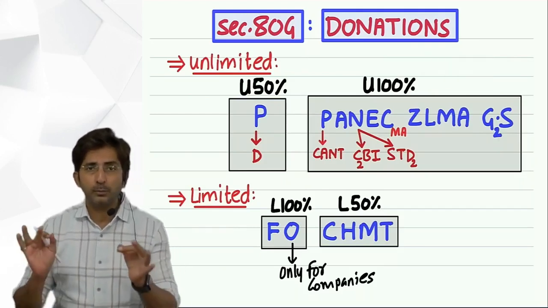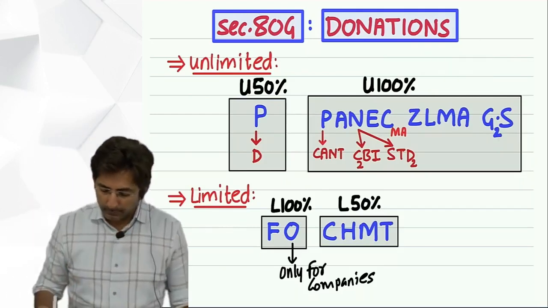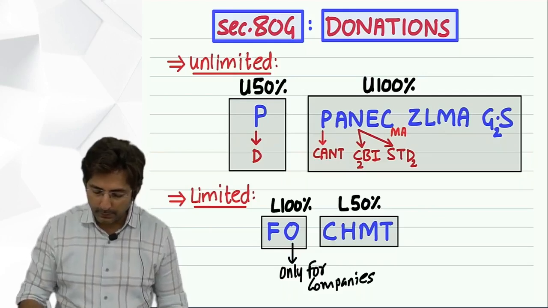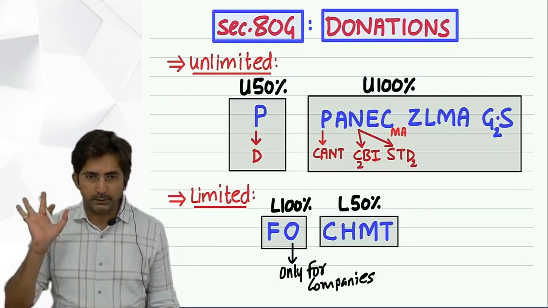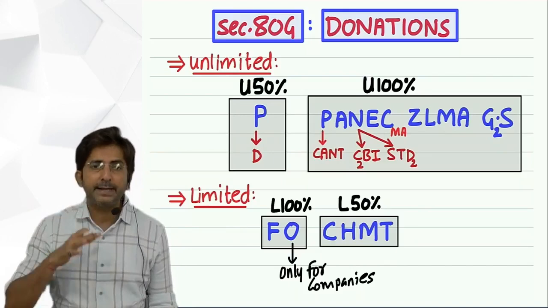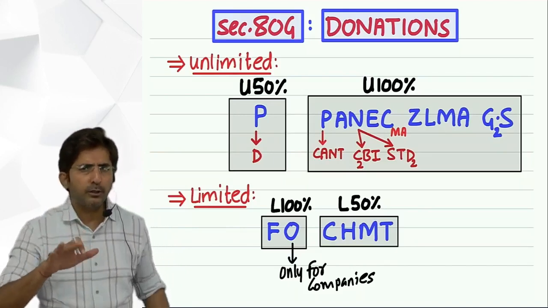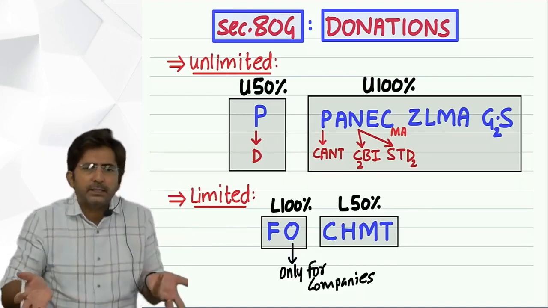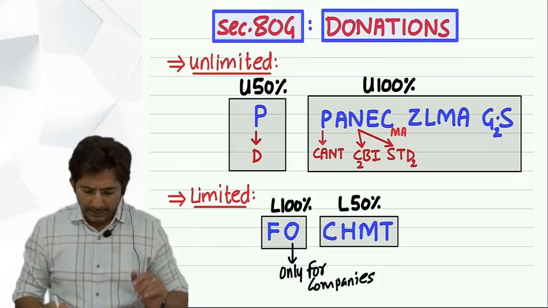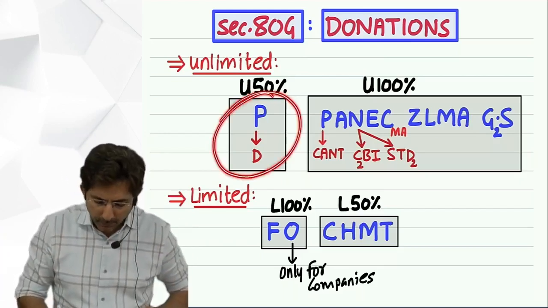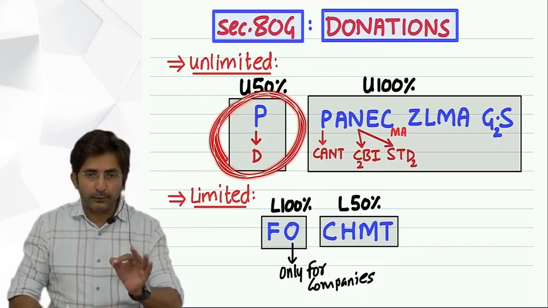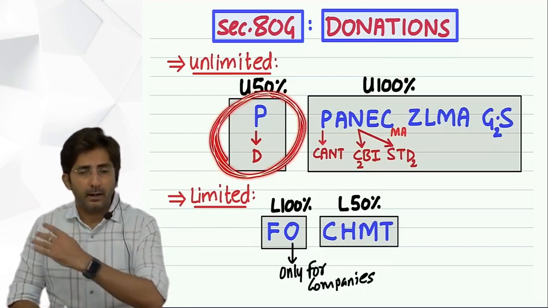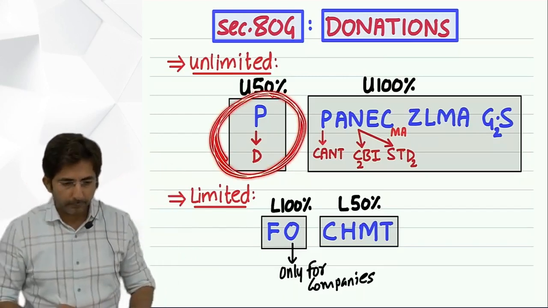It is called Swachh Bharat Kosh. Okay. So these are all unlimited donation. You just remember the keywords. By looking at the word, you can identify. And once you come to know the donation is from this list, you will get deduction. And all are 100%. Except this Prime Minister Drought Relief Fund, which is 50%. Rest all are 100% deduction.